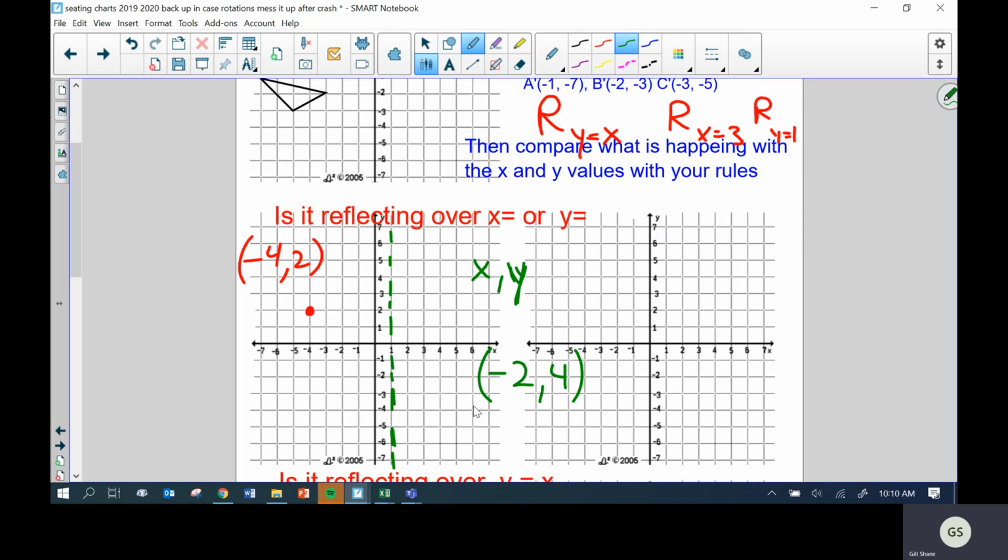Well, what happened? Who am I going to call on for this? I'm going to call on Ariana L. What happened? So again, this is my original x and y. I don't include any negative signs. What happened when they went from this original point, or this pre-image, to the image? What did they do? What changed?